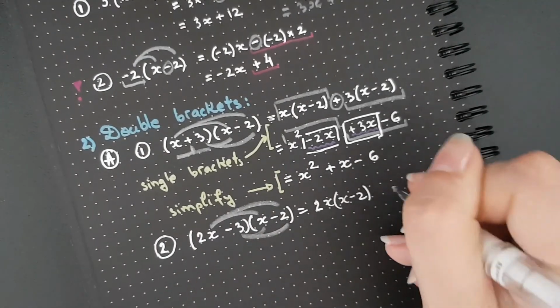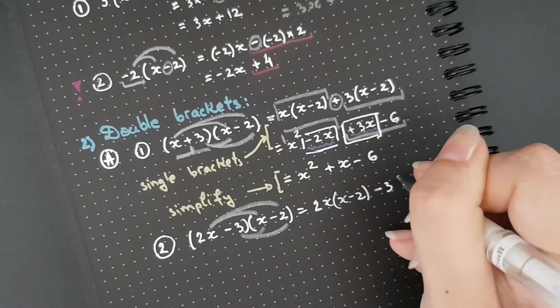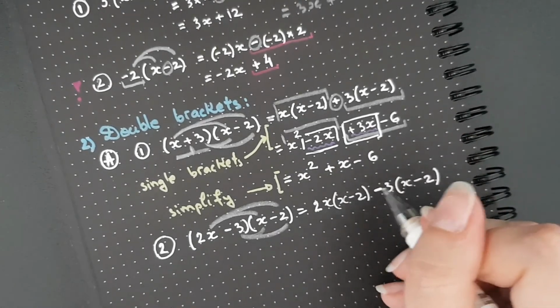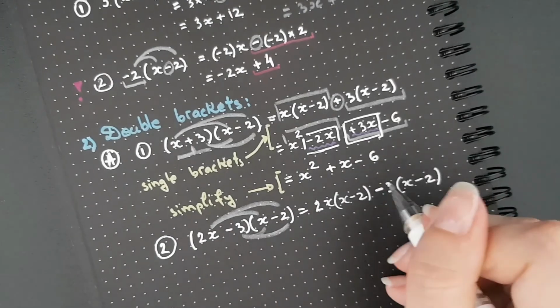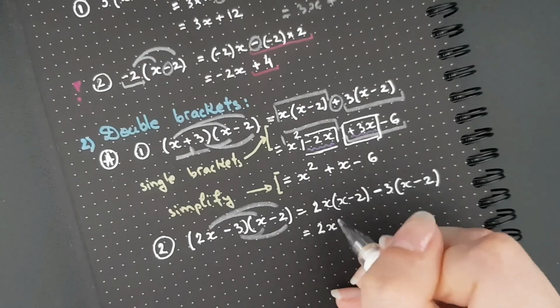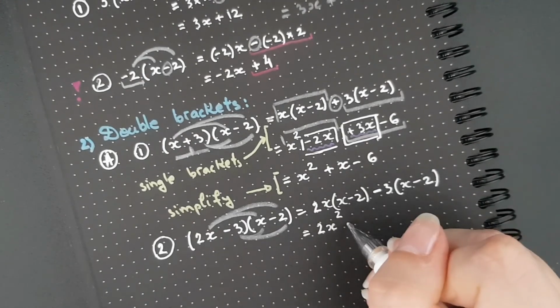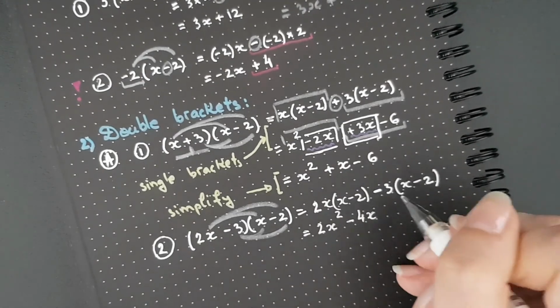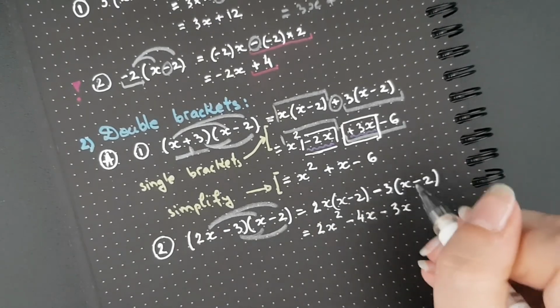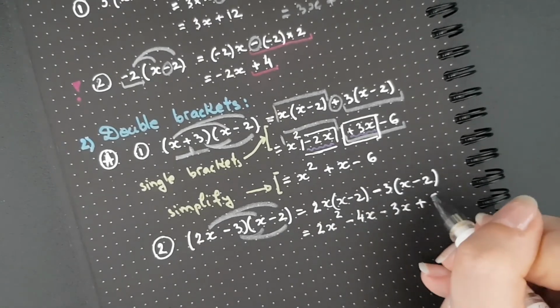So I've split this into 2. And again, I am very careful with the sign there. This is a -3, so I do a -3 there. So 2x times x, that's 2x squared. 2x times -2, that's -4x. -3 times x is -3x. -3 times -2 is +6.